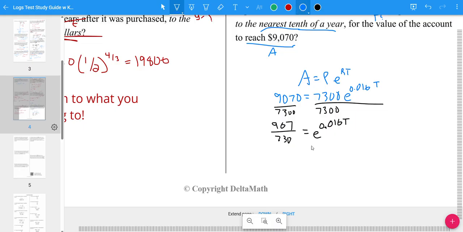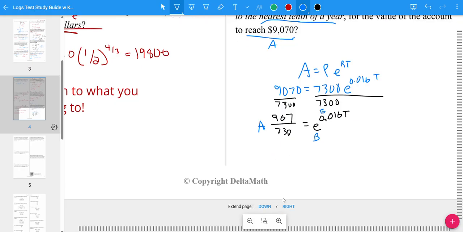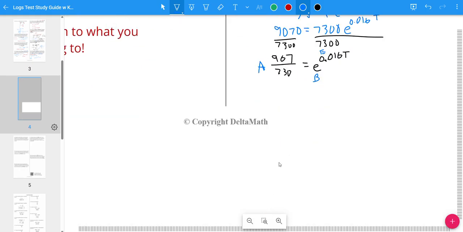So let's rewrite this with logs or base E. So if I rewrite this, I've got log base E of 907 over 730 equals 0.016 T. So I rewrite this with base on bottom.